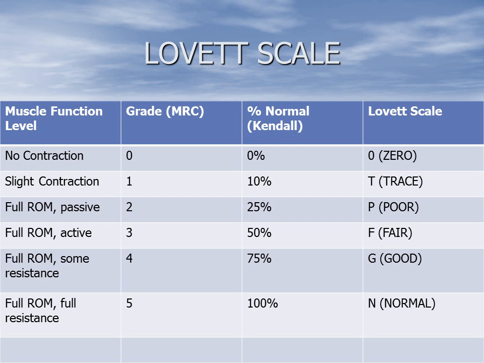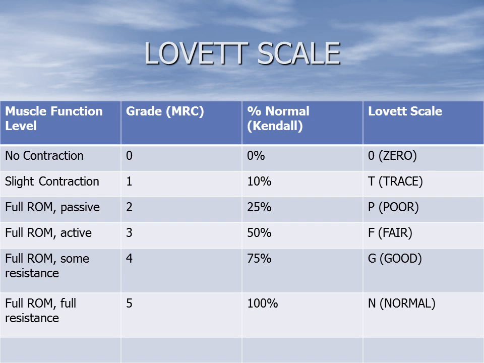And percentage scores in between 0 and 100 that correspond with the Lovett scales include 10%, which is equivalent to a Lovett scale of T for trace contraction found in a muscle. 25% corresponds to the Lovett scale of P for poor muscle function.